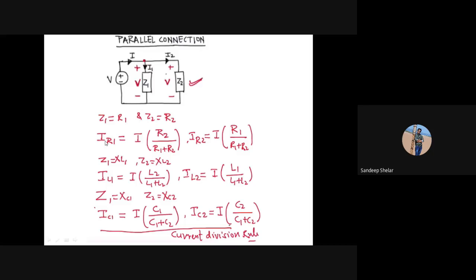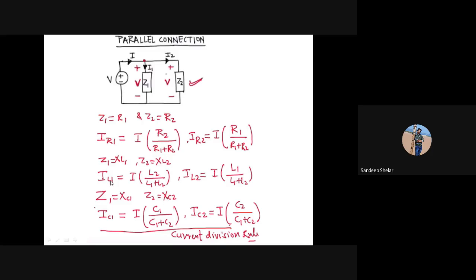Okay, now again put Z1 is equal to XL1 and Z2 is equal to XL2. Now obtain the current flowing through inductance L1, IL1, is equal to I into bracket L2 upon L1 plus L2. That means put Z2 is equal to L2 and Z1 is equal to L1.